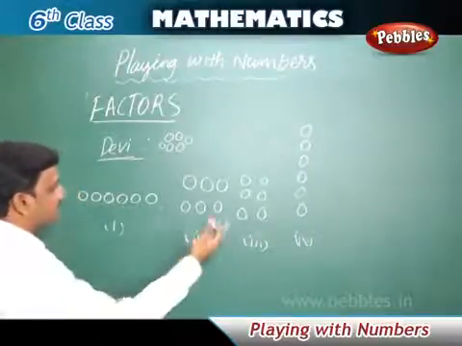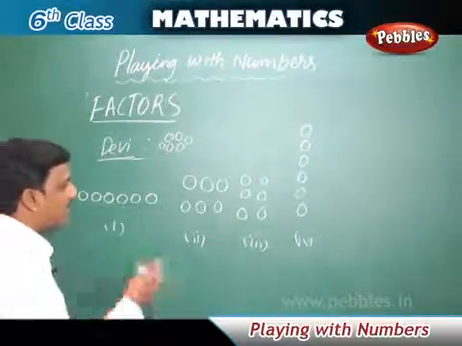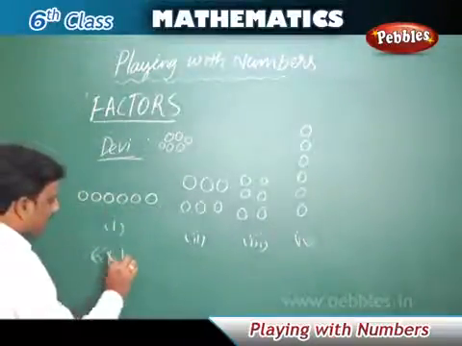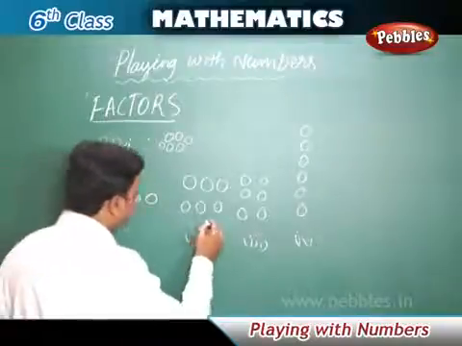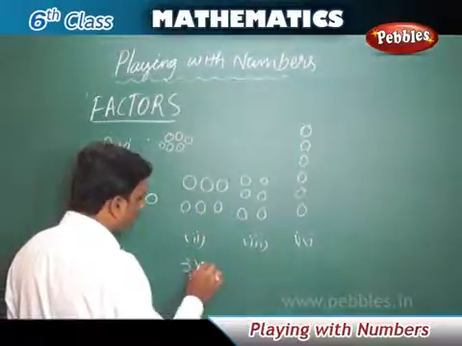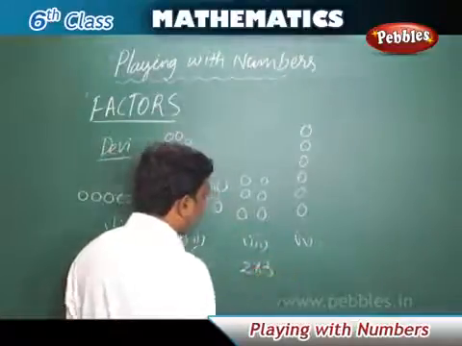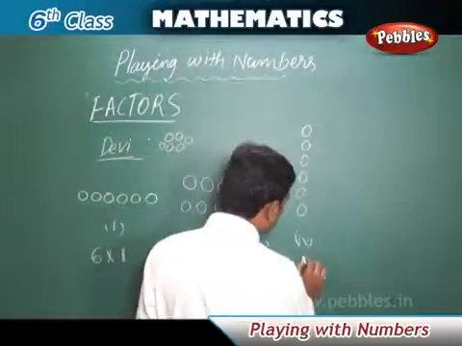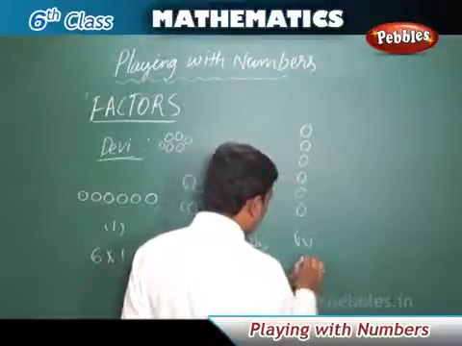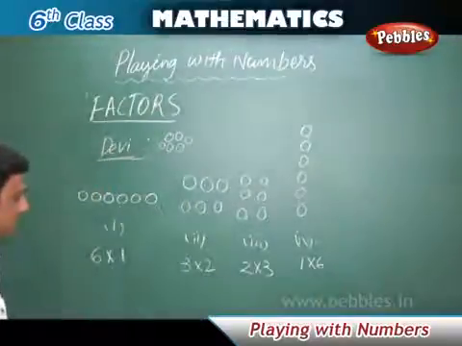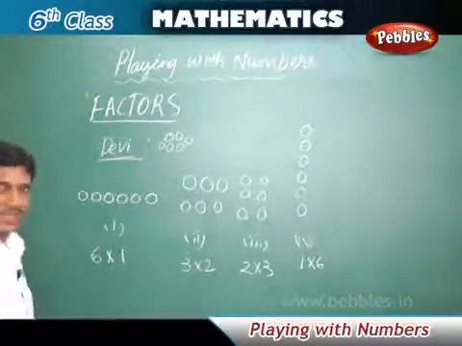The number is the same, 6, but the arrangement pattern is different. So here 6 columns and 1 each. Here 3 columns, 2 in each column. Here 2 columns, 3 in each column, and here 6 coins in 1 column. 1 into 6. So this is the arrangement.